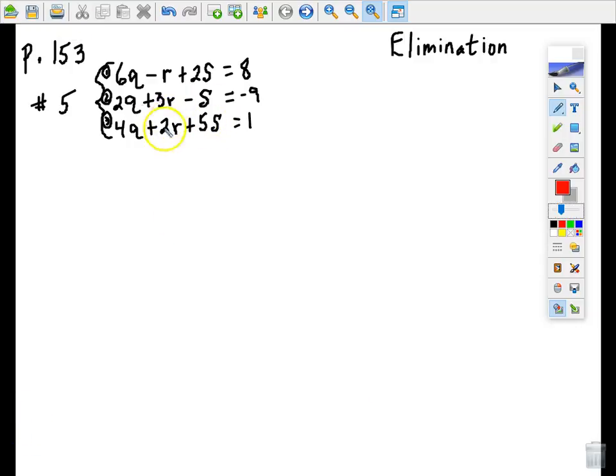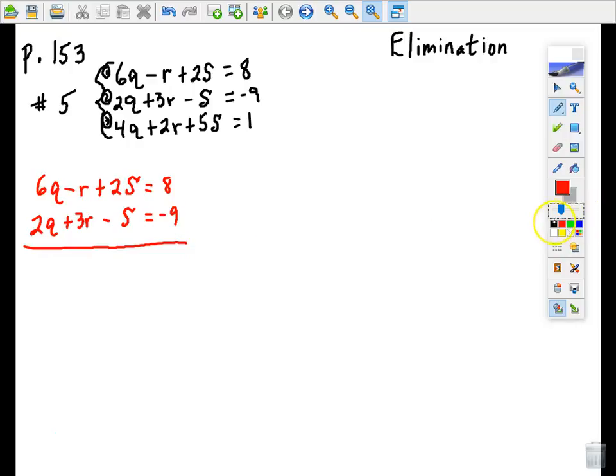Do this one in red. 6Q minus R plus 2S equals 8. And 2Q plus 3R minus S equals -9. That's one pair.